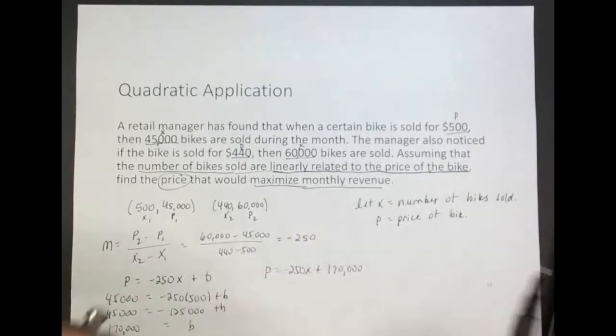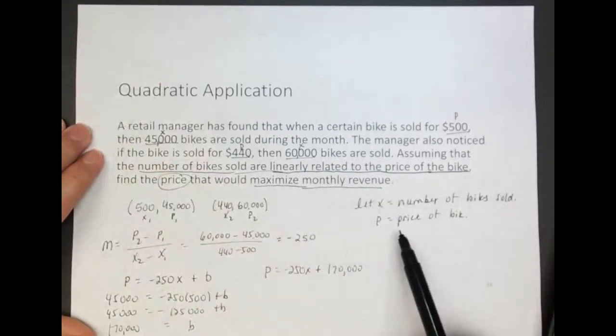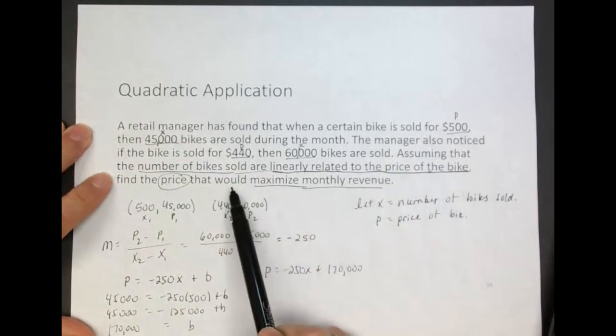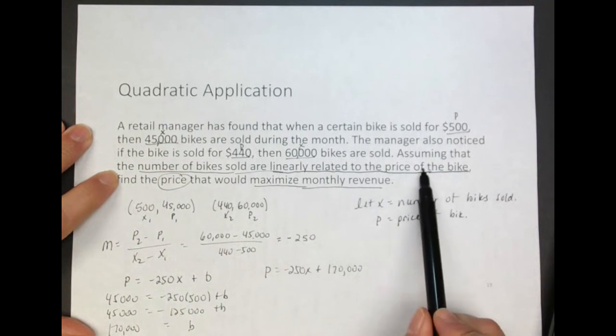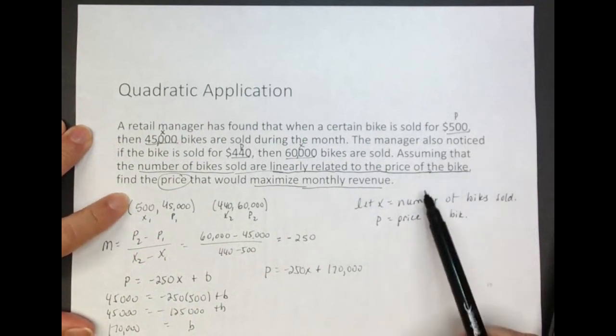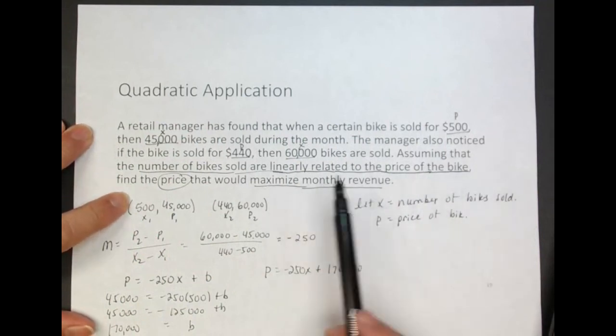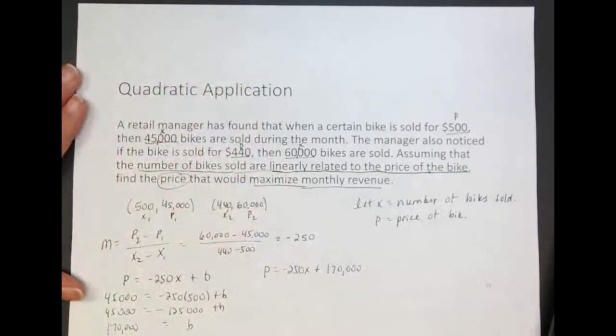Now what did I do and what am I looking for? Let me come back to my problem again. Assuming the number of bikes sold is linearly related to the price. Okay, so I found that price function. But I need something quadratic here because I want to maximize monthly revenue. Oh, I think I need a revenue function.